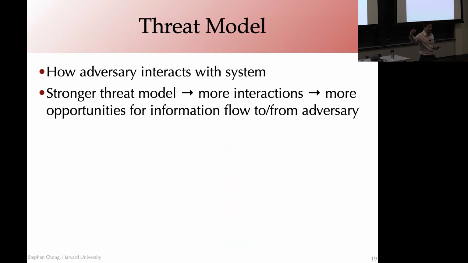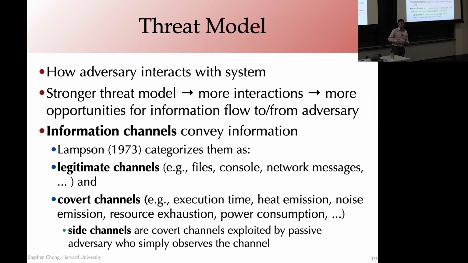And the more ways that they have of interacting with the system, the more opportunities there are for information to flow to and from the adversary. So Lampson categorized the idea of information channels. Information channels convey information. And Butler Lampson categorized them as legitimate channels and covert channels.